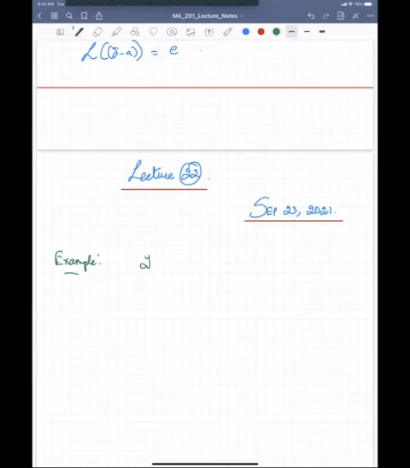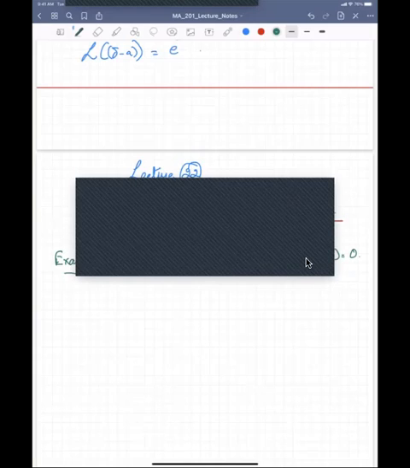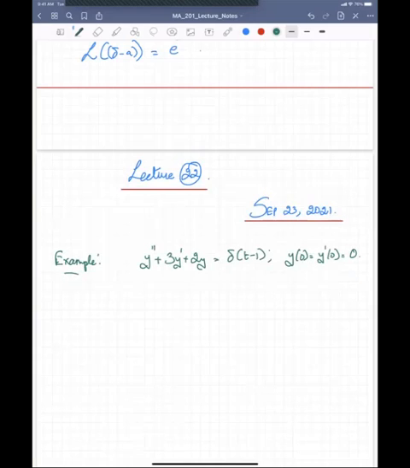So the equation is y double prime plus 3y prime plus 2y equals delta of t minus 1, with the initial conditions y of 0 equals y prime of 0 equals 0. And that is just for convenience. You can choose your own value of the initial conditions.